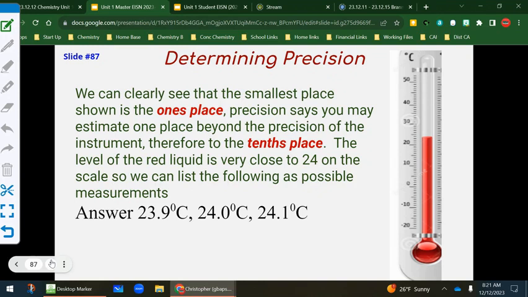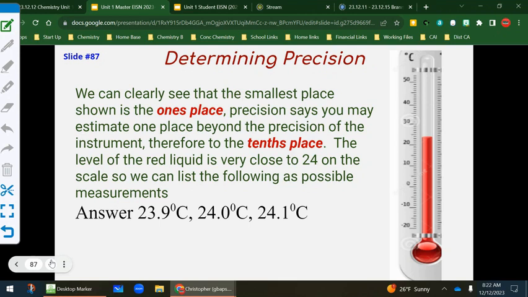Okay, you remember the three things shown in every measurement? Uncertainty and precision. When we look at these numbers, because they're going to the tenths place, what place did our instrument read to? Or well, we don't know that. We do know that. The ones.